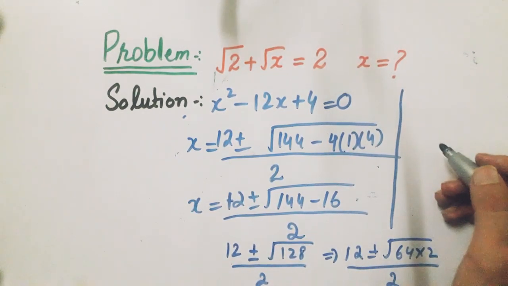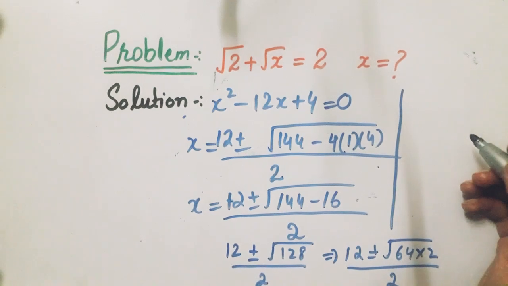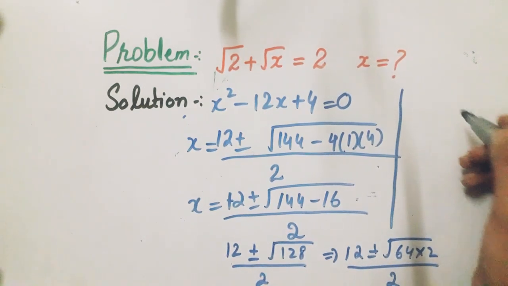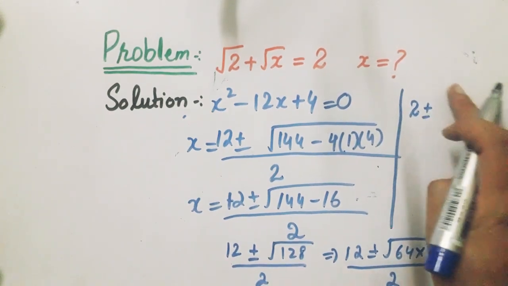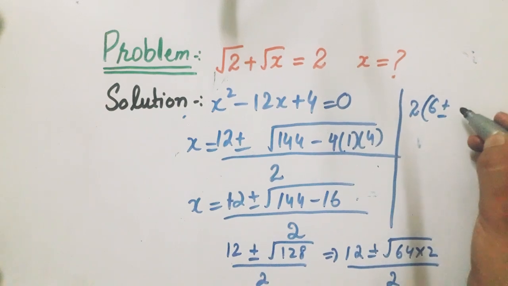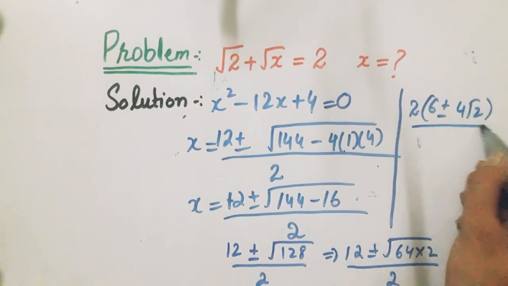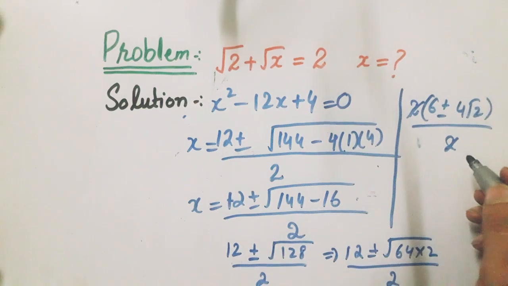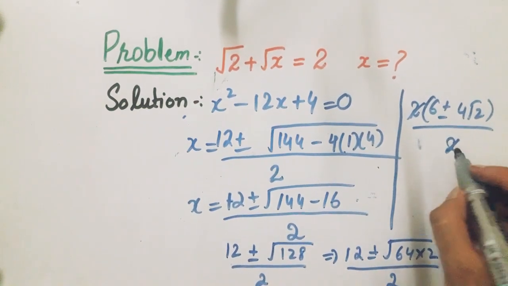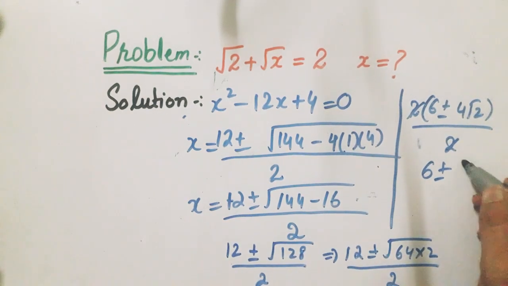So we will solve this as 12 plus minus 8 square root 2, and now by taking 2 as common we will get 2 into 6 plus minus 4 square root 2, divided by 2. So 2 and 2 are cancelled out. We have this as 6 plus minus 4 square root 2.